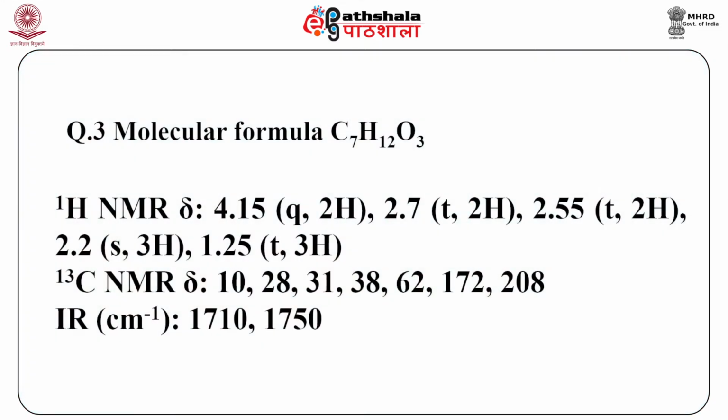Next question. A given organic compound has a molecular formula C7H12O3. The NMR spectroscopic data shows peaks at 4.15 quartet for 2 protons, a triplet at 2.7 delta again for 2 protons, 2.55 a triplet for 2 protons, a singlet at 2.2 for 3 protons, and a triplet at 1.25 for 3 protons.